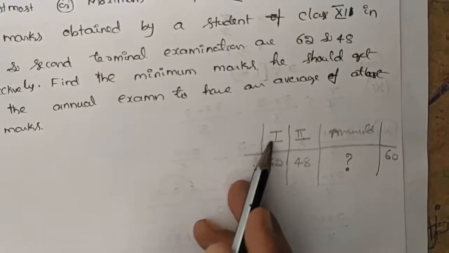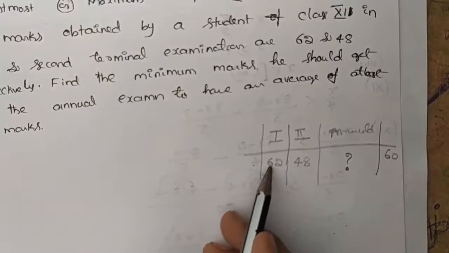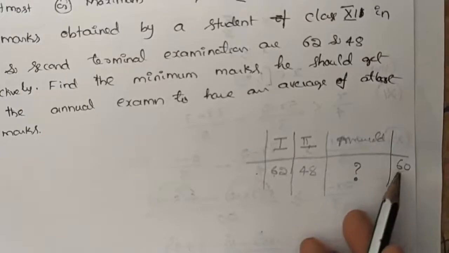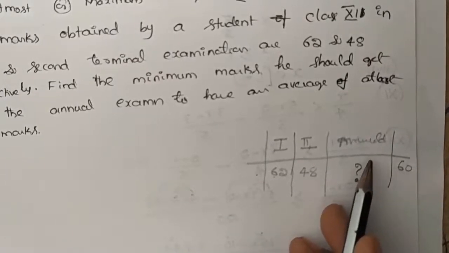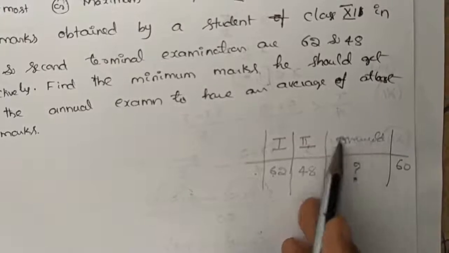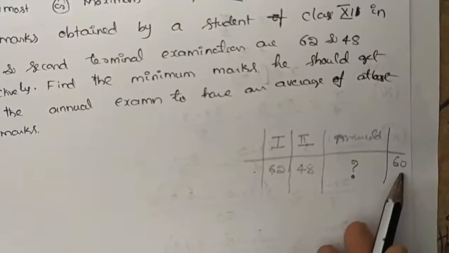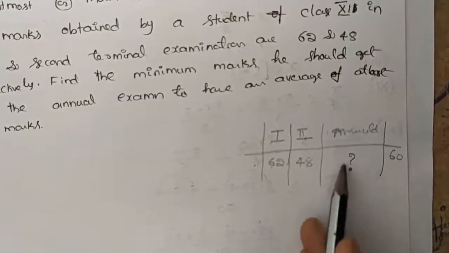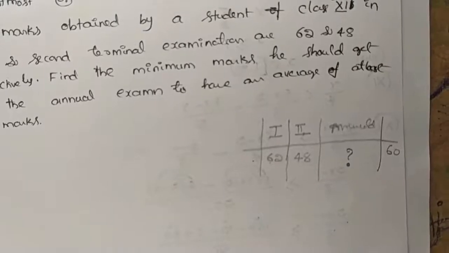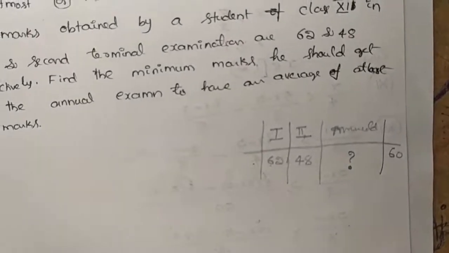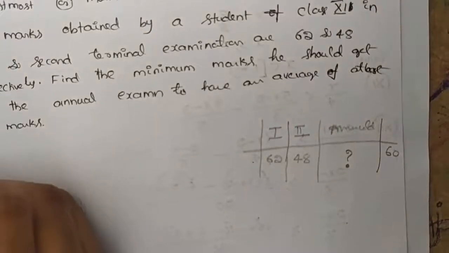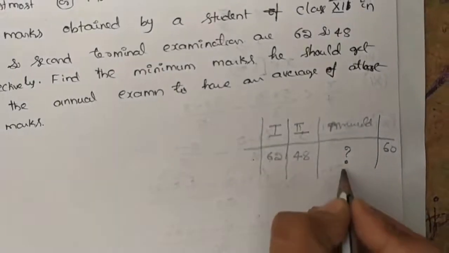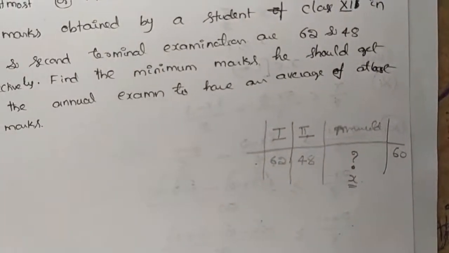The marks obtained by a student of class 11 in the first terminal examination are 62, and in the second terminal examination 48. We have to find the minimum marks he should get in the annual examination to have an average of 60 marks. We don't know these minimum marks, so let us take them as x.